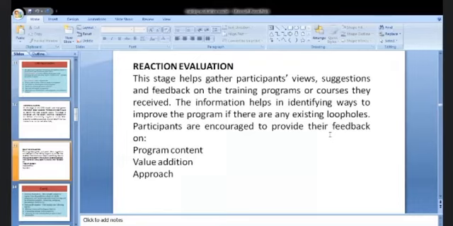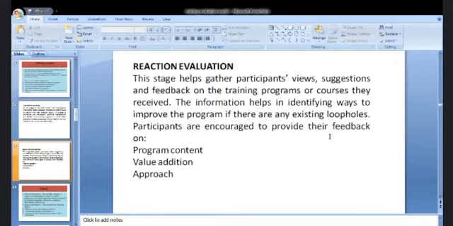So you can identify ways to improve the training program. Participants are encouraged to provide feedback on the program content, value addition, and the approach. What methods are used, and what value is added by the training program.